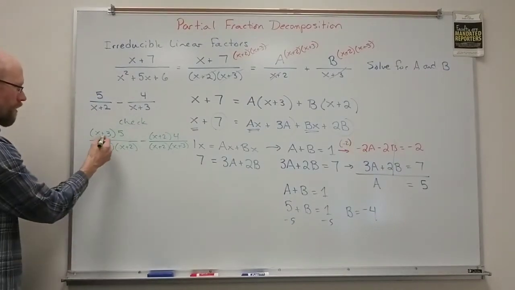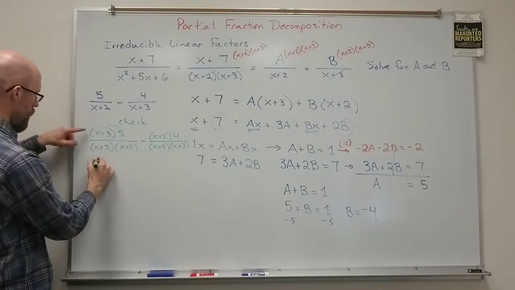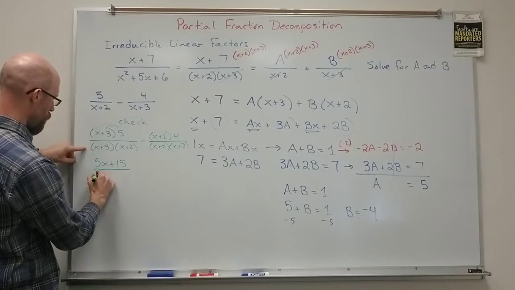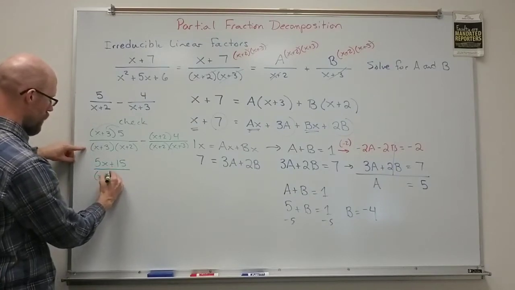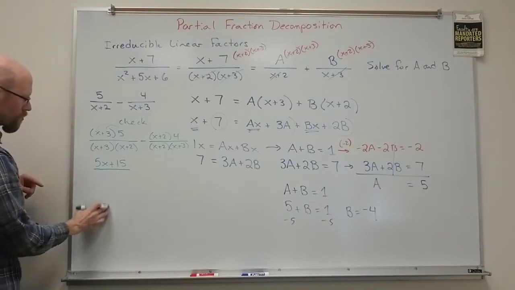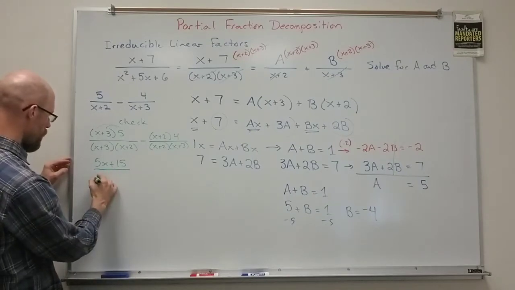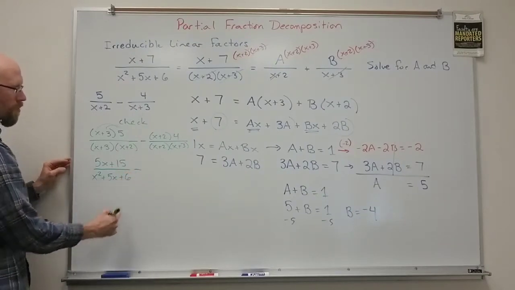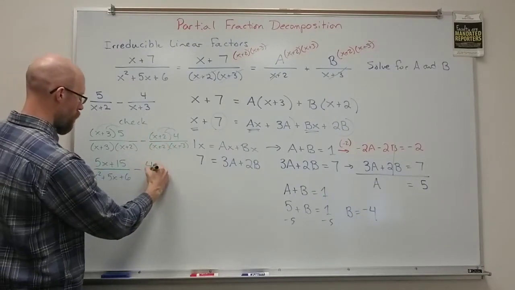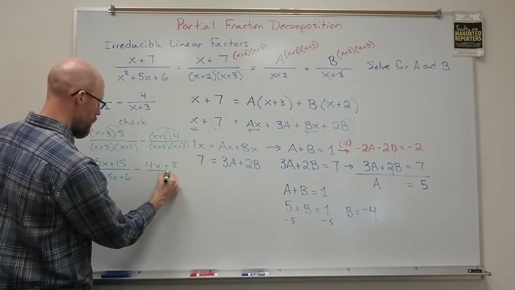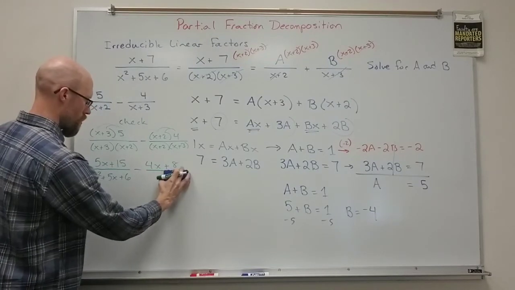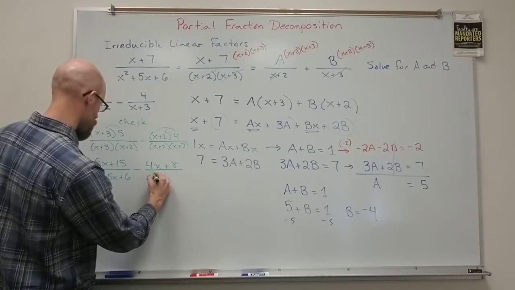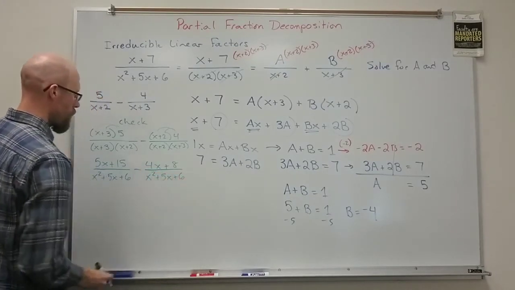Okay. If I distribute here, I get 5x plus 15 over the product of x plus 3 and x plus 2, which is actually x squared plus 5x plus 6. And over here, if I distribute the 4, I get 4x plus 8. And my denominator is also x squared plus 5x plus 6.